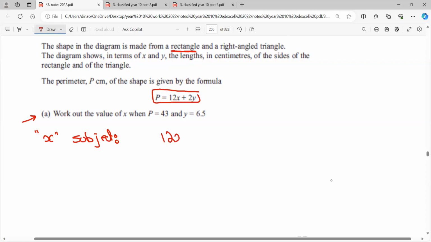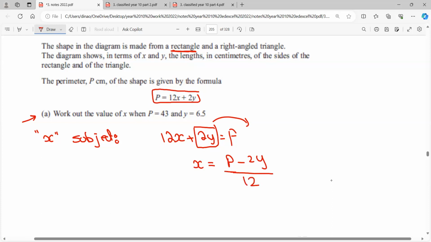Let me just rewrite it as follows: 12x plus 2y equals p. To make x the subject, move the 2y to the other side, so 12x is equal to p minus 2y, and then of course to find the value of x I divide by 12.